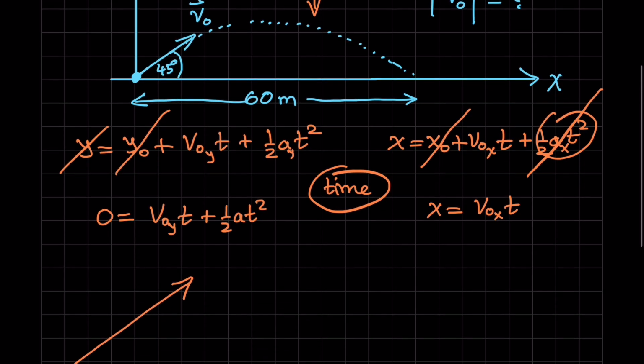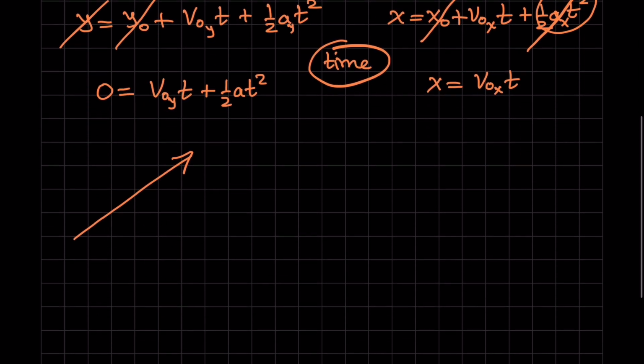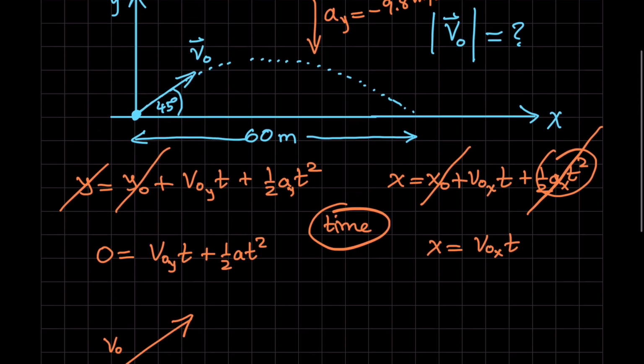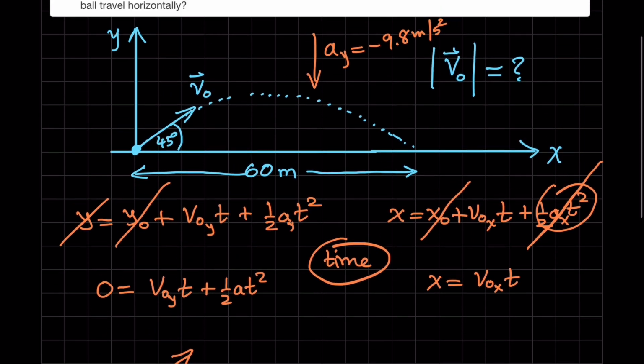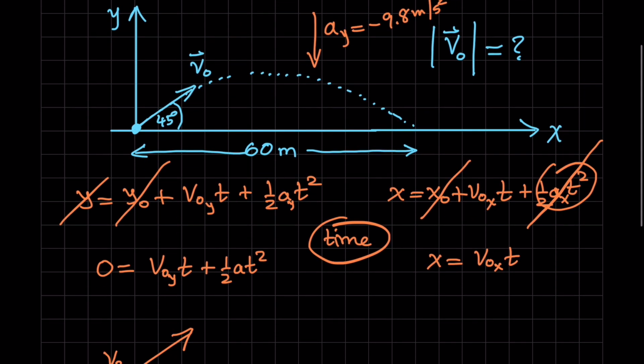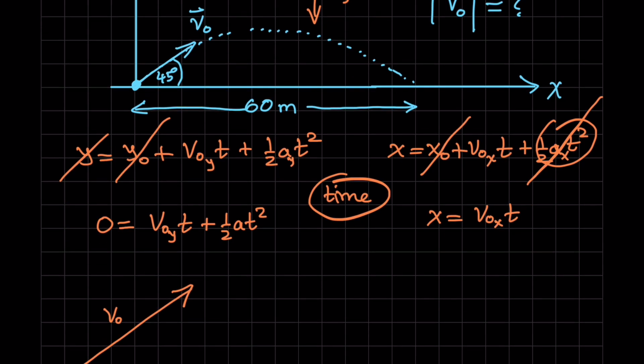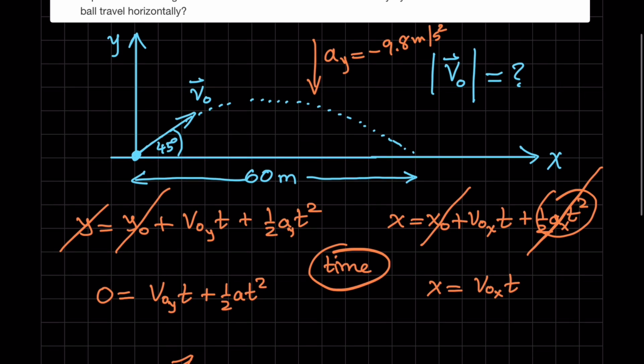So here, I'm just redrawing that velocity vector that we had before, v naught, with its magnitude, just copying that over from our diagram. And now I want to come up with the components of this vector v naught. When I'm breaking up a vector into component parts, what I'm trying to do is make a right triangle, and the other two sides, besides the hypotenuse, follow the same direction as the y and the x.